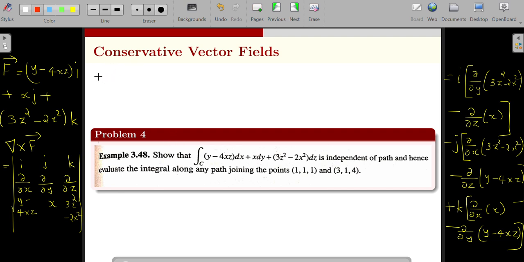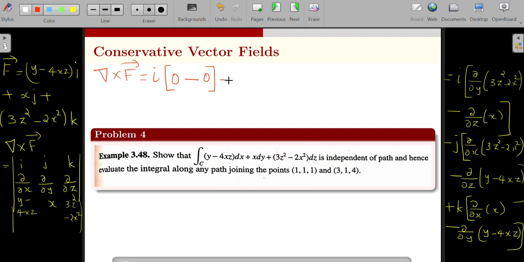So let us calculate it, elaborate it. Del cross f is equal to i into dou by dou y of 3z square minus 2x square will be 0 minus dou by dou z of x will be 0.